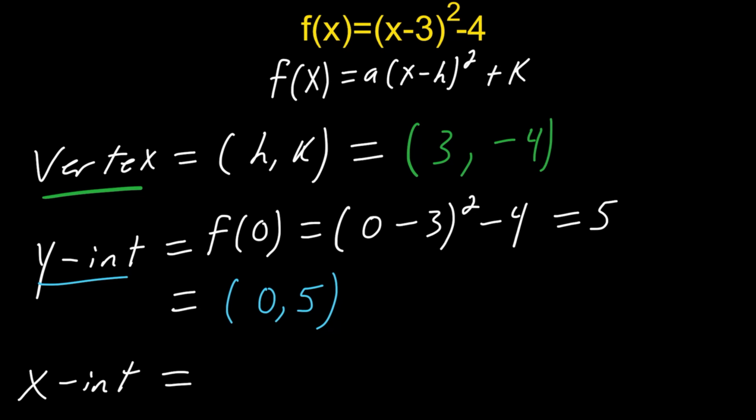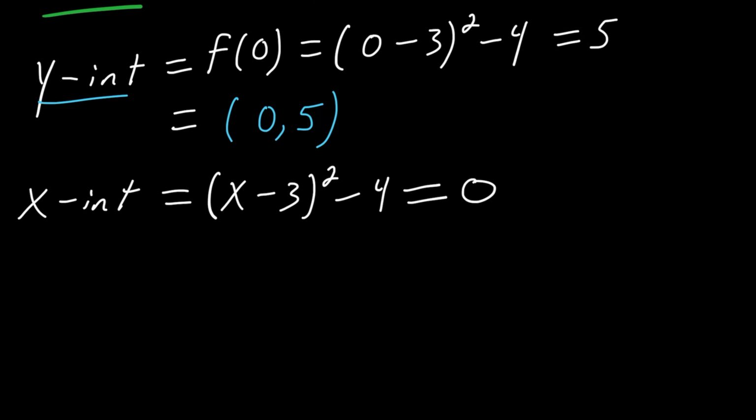The expression (x minus 3) squared minus 4 represents the y value for any given x value. So to find the x-intercepts, we set this value equal to 0. That means we need to set (x minus 3) squared minus 4 equal to 0.